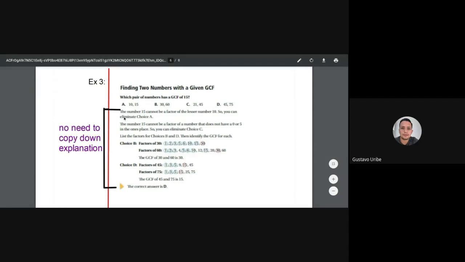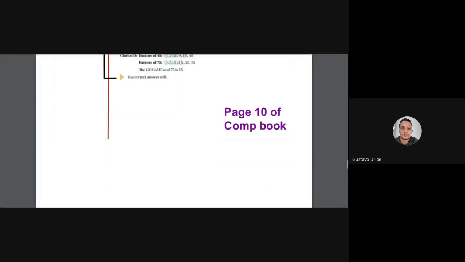Go ahead and read it. I'm not going to go over it, but this gives you an explanation as to why you can eliminate A right away, why you can eliminate C right away, and your only 2 choices would be B and D. And you list out the factors to find out which one has a GCF of 15.